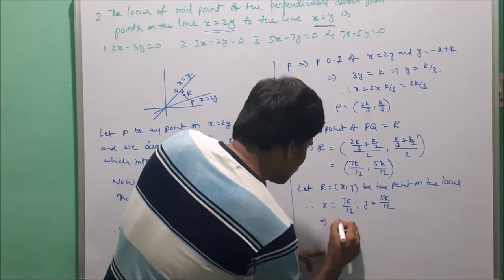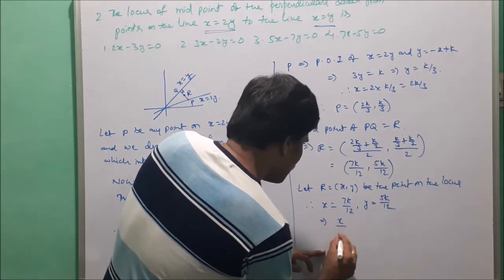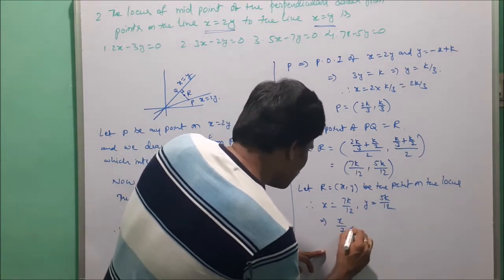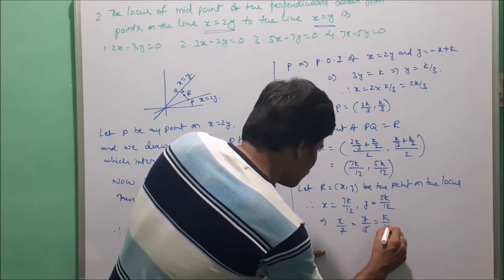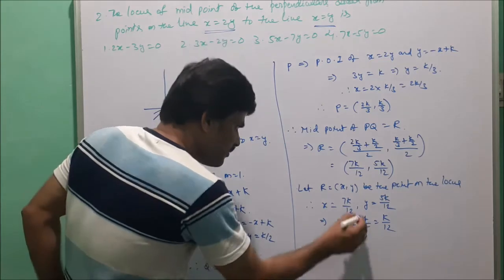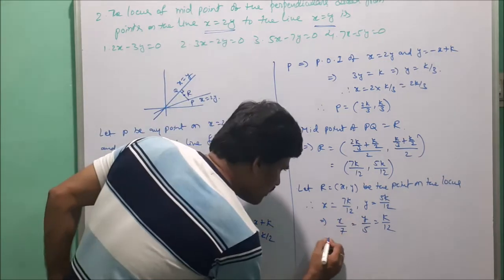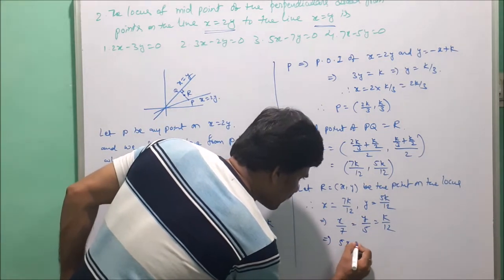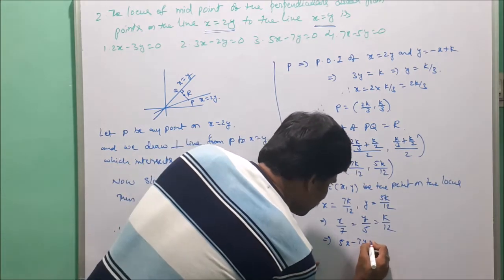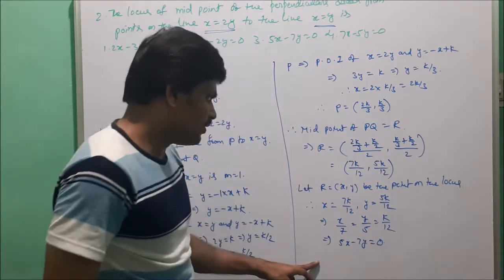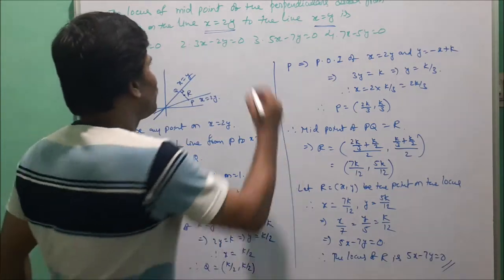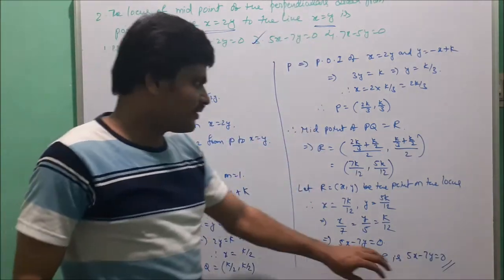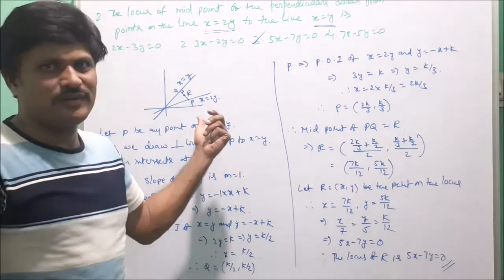We observe that x by 7 equals y by 5 equals k by 12. Now, using the first two terms and cross multiplying, 5x minus 7y equals 0. Now this is the locus which is in option 3. This is the solution for this question.